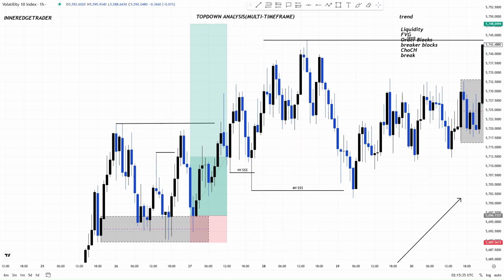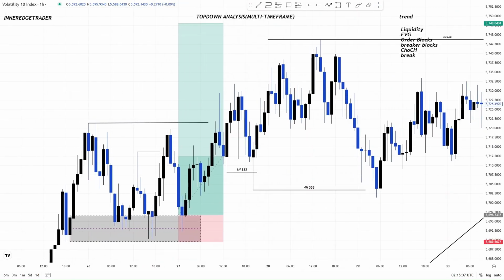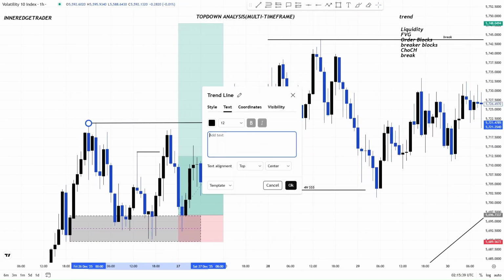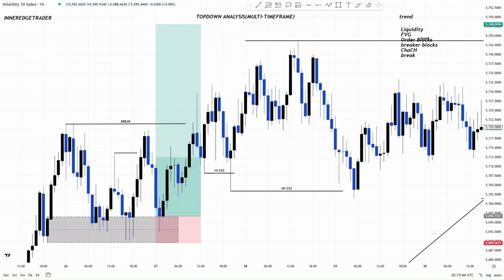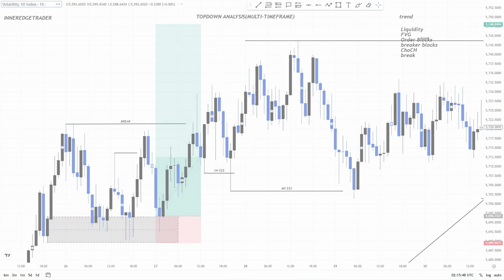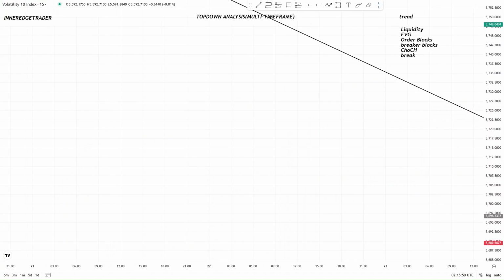So on the 15-minute time frame, after this break, you go to 15 minutes. You wait for a market structure shift on the 15 minutes.